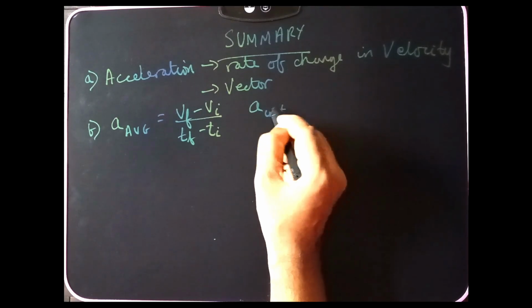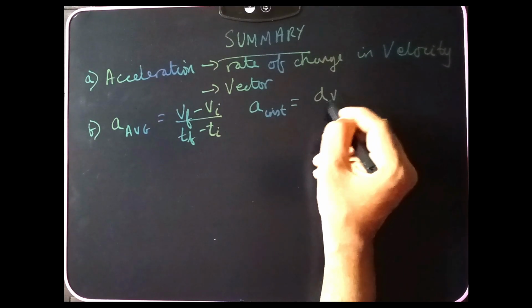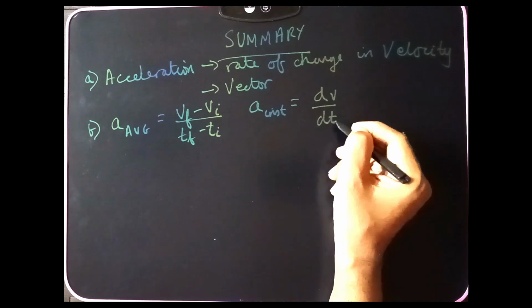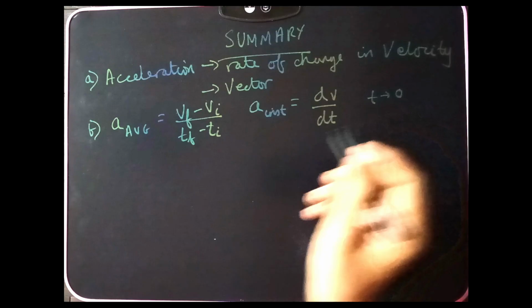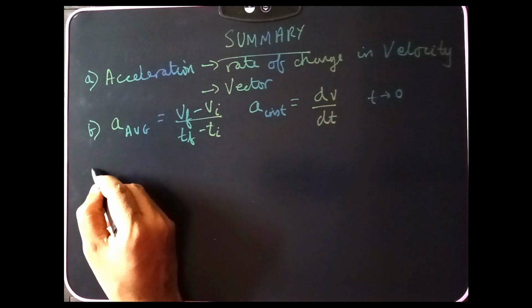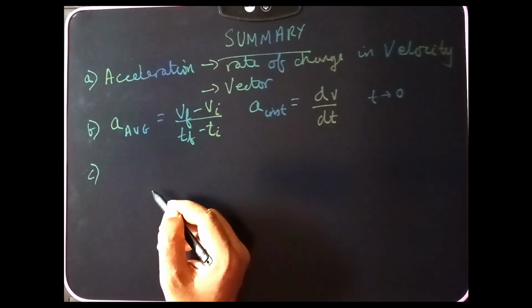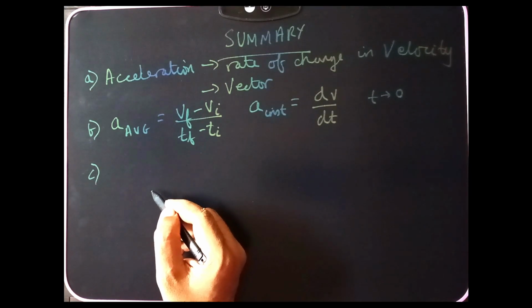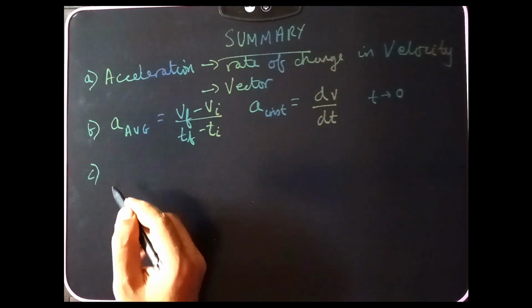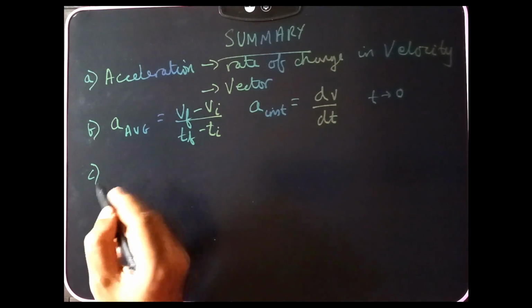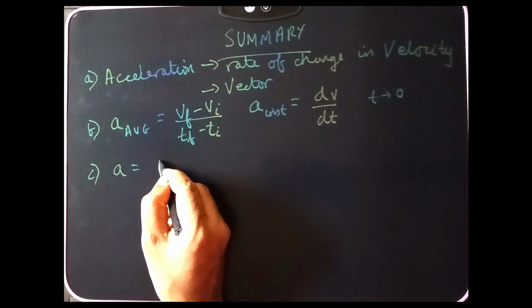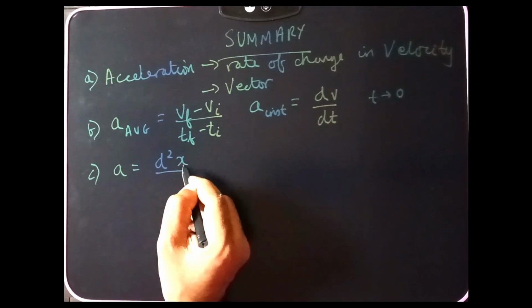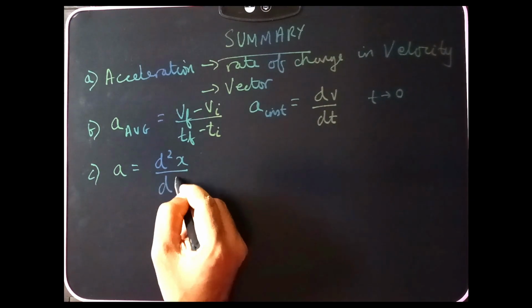Instantaneous acceleration is given as a small change in velocity by a small change in time. That means time is shrinking, time is tending to 0. Not 0, but tending to 0. The third aspect we learned is how acceleration can be represented as a double differentiation of displacement: d²x/dt², where x is displacement.